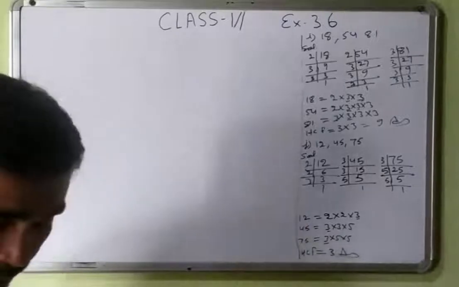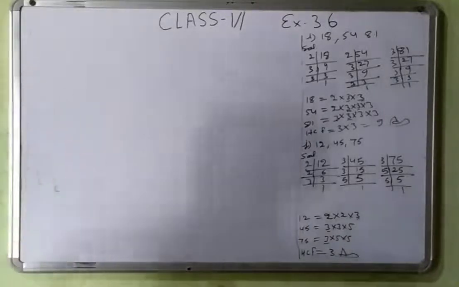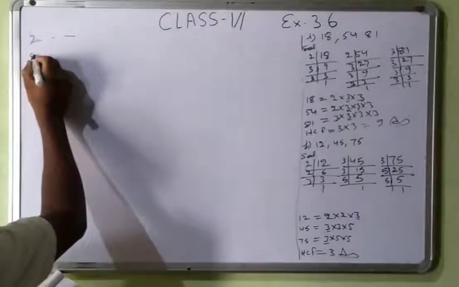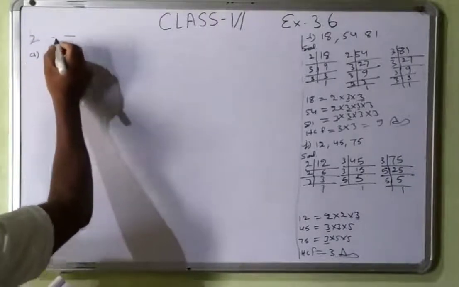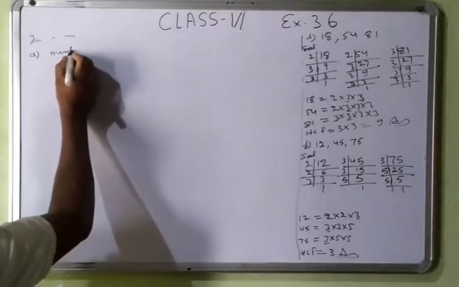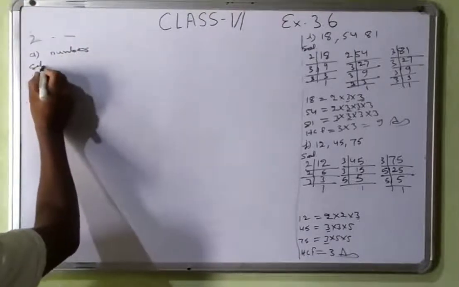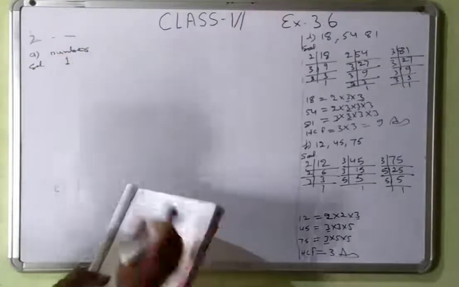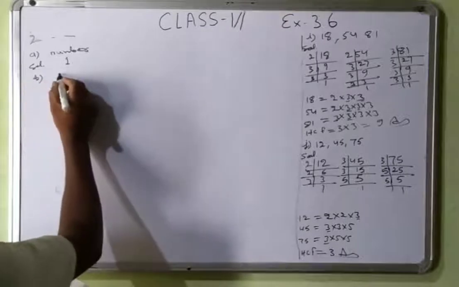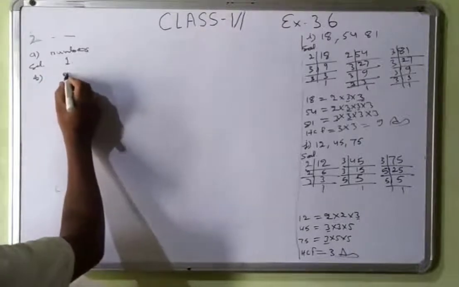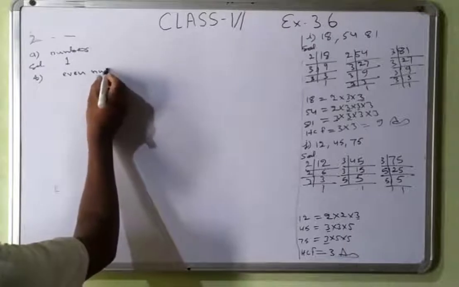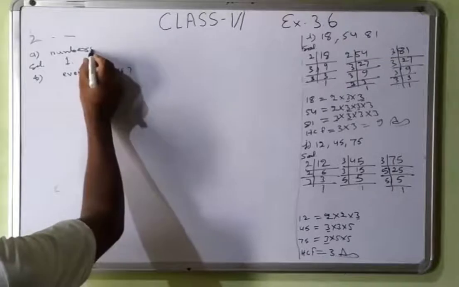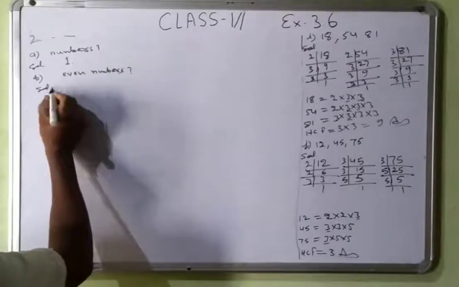And second question. First A part, the solution will be 1, right? B part, even number. If there are even numbers, then the HCF will always be 2.